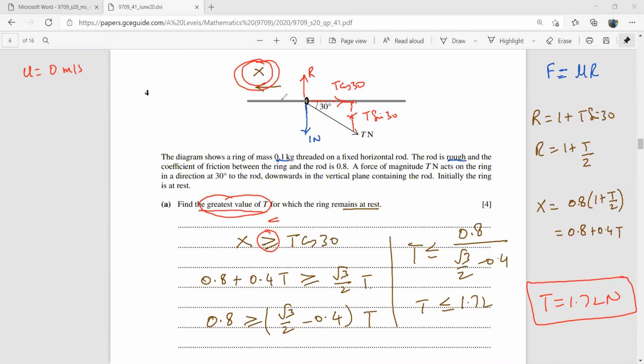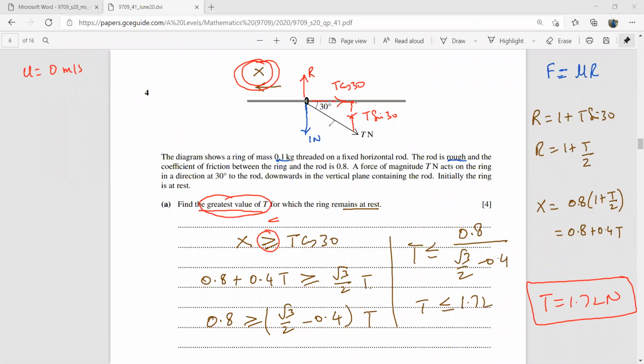That would depend on the roughness and many factors, like the mass of this ring, because the heavier the ring, the more would be R, and greater would be the frictional force. So there are many factors. And if it's a smooth rod and smooth ring, then this can easily be moved with any little amount of force.